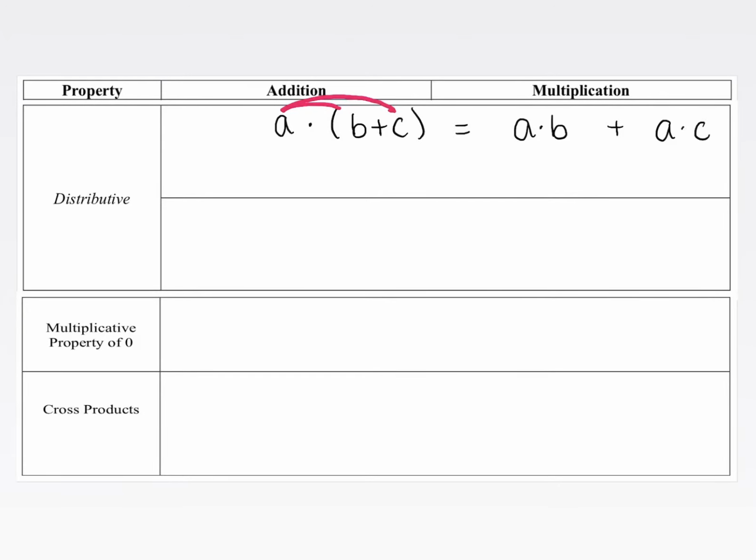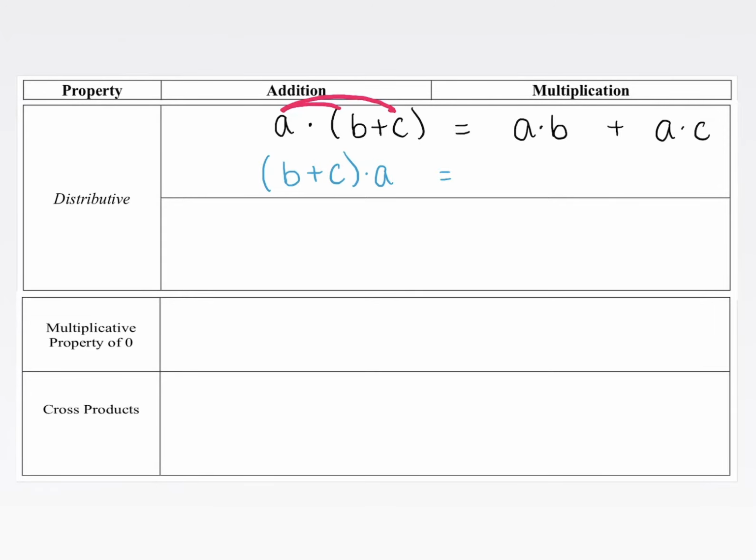Now, I do want to make a note that sometimes we might see the distributive property, but maybe the number that we're distributing doesn't come first, but actually comes second. So for example, what if we have (B plus C) times A?